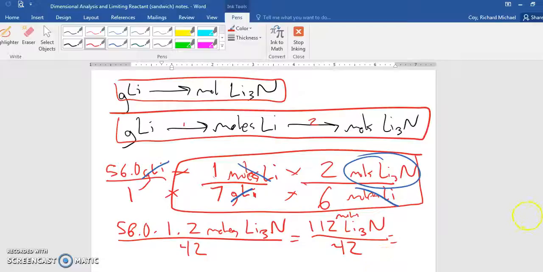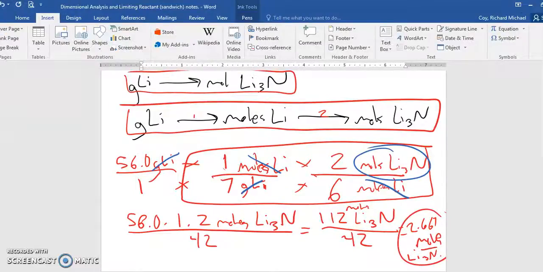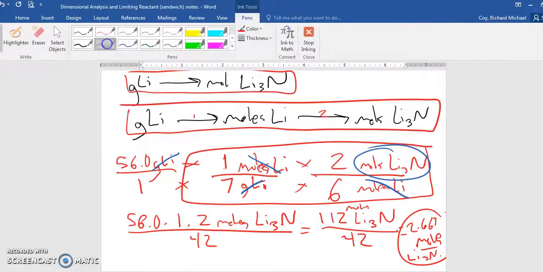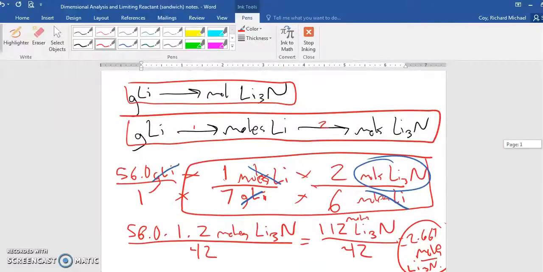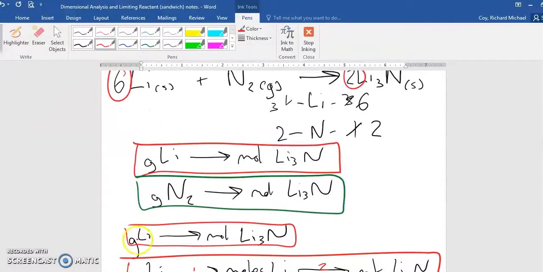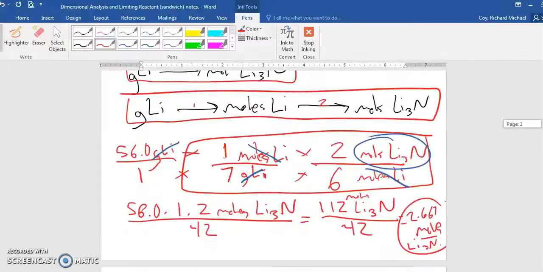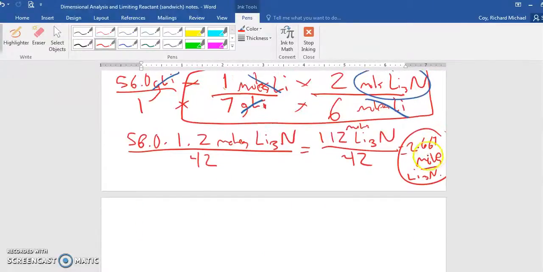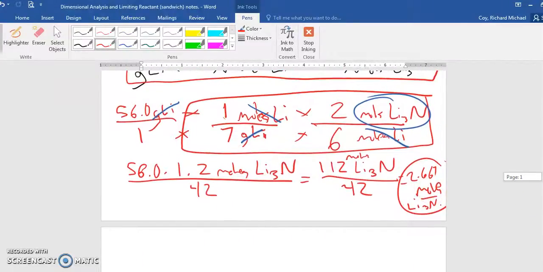You can figure it out. Oh, what the heck, I'll do it for you. Let me think real hard, and magically, it's 2.667 moles of lithium nitride. So we've determined that if I use all 56 grams of my lithium, I can make 2.667 moles of the product, lithium nitride.